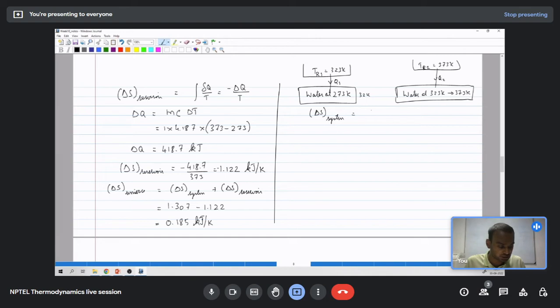So if I have to write the entropy change of the system, it happens in two stages. So we have the integral of del Q by T from 273 to 323, plus the integral of del Q by T starting from 323 to 373 Kelvin.